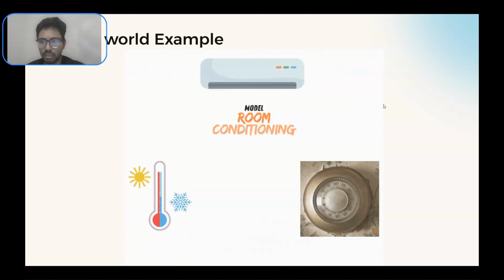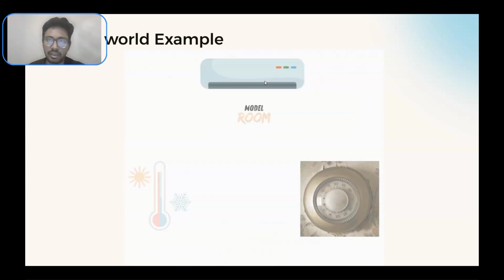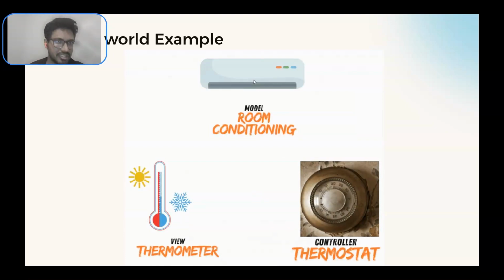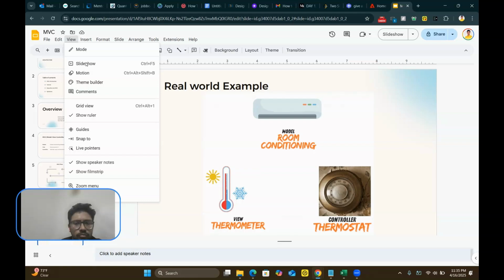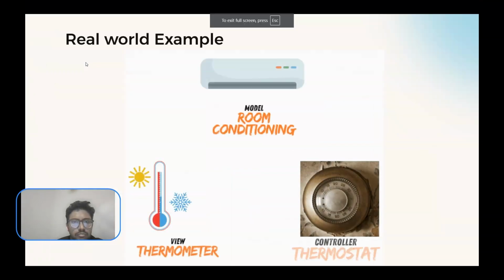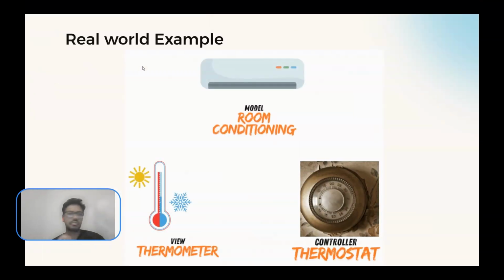So when you're changing the temperature in your controller, the temperature setting changes internally. It redirects your model, which is a room conditioning system, to, let's say, cool down or heat up, and makes a change in the model. How this can be visualized or perceived by us is by means of a thermometer here.